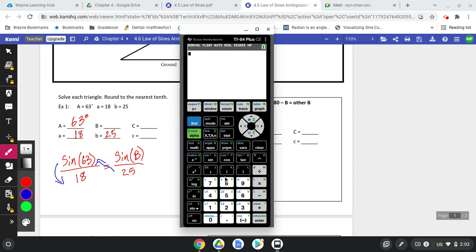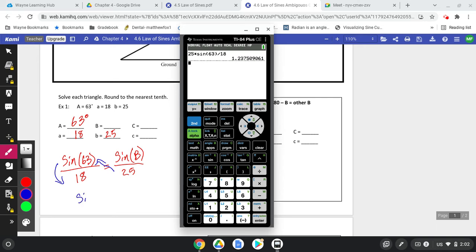Okay. So once again, we said it was 25 times the sine of 63. I'll close that. All that divided by 18. We get 1.23. Now, whatever we get, that would be equal to sine of b.